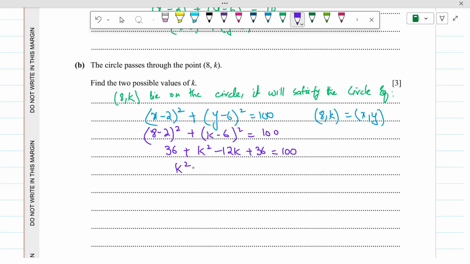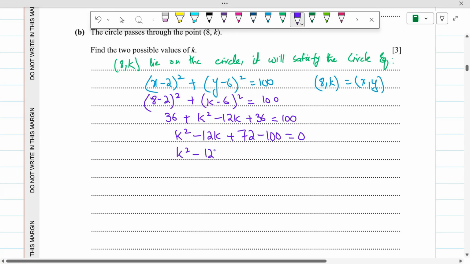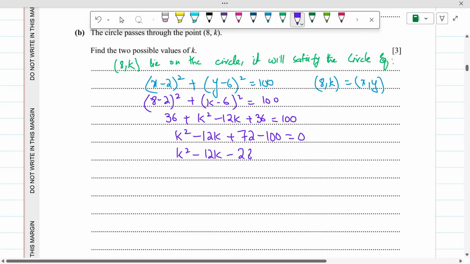And this is k² − 12k + 72 − 100 = 0, which is k² − 12k − 28 = 0. So we have a quadratic equation, and it can be solved by factorization.